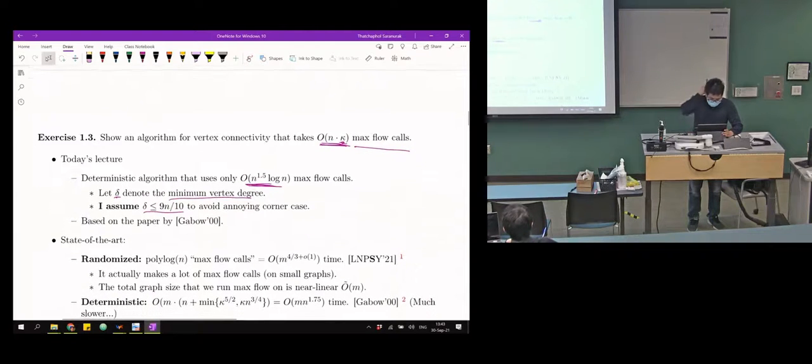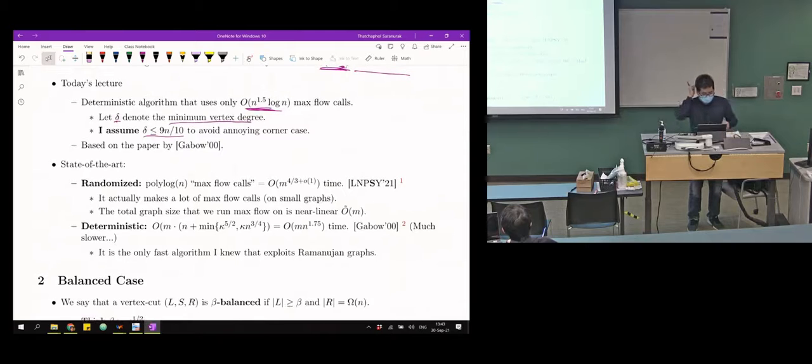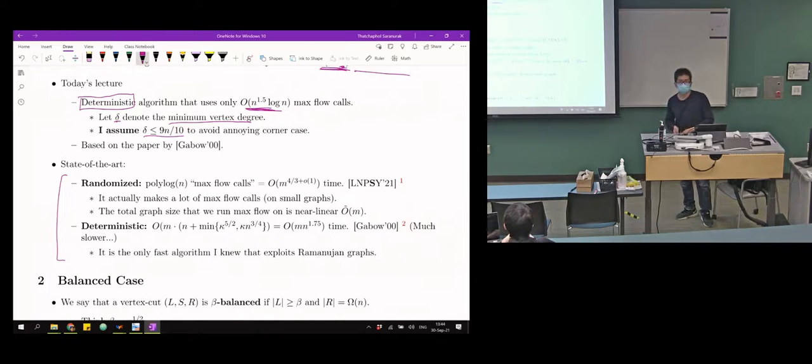Before talking about the algorithm, I want to mention the state of the art. The algorithm here is deterministic, and that's important. It's still the best known deterministic algorithm.